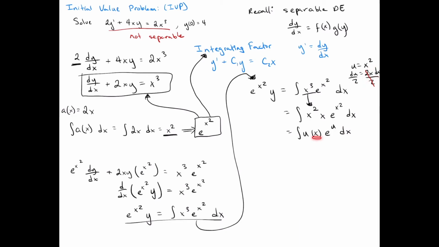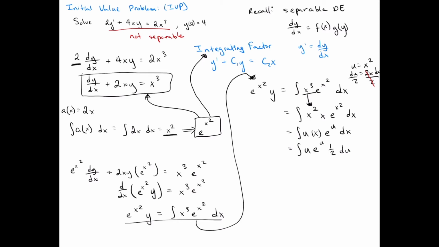So here x dx is equal to 1/2 du. So u times e to the u, then 1/2 du.